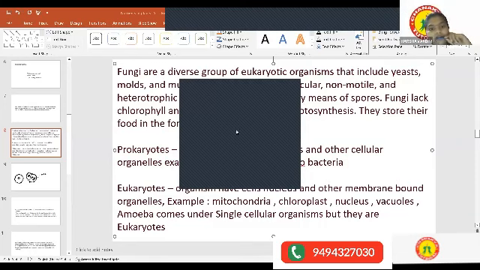Rishit Badri, are you there? What do you mean by xylem and phloem? Xylem is a vessel, a path through which the plant transports water. That is right.